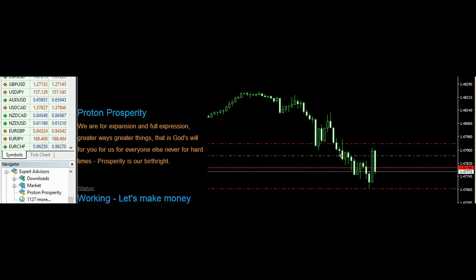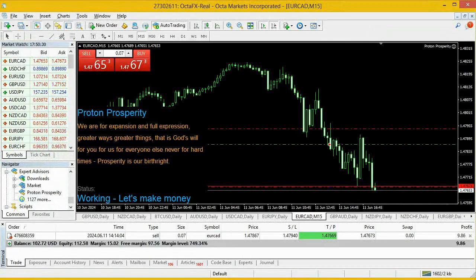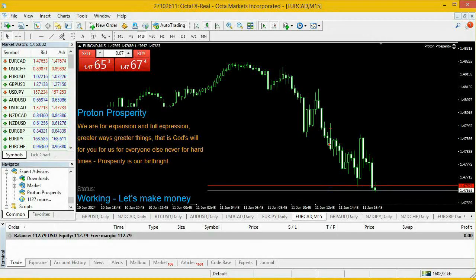About 3 hours 35 minutes into the trade. Take profit triggered. Our take profit is triggered.